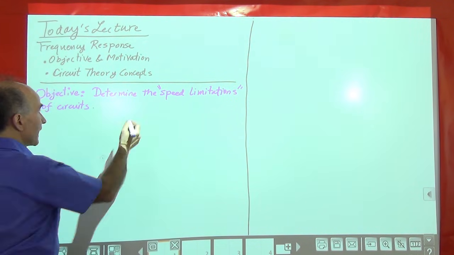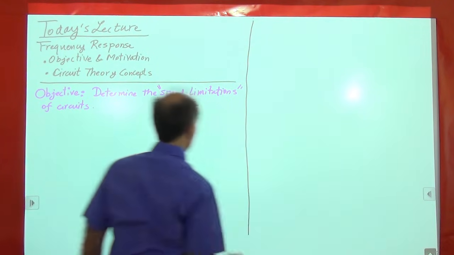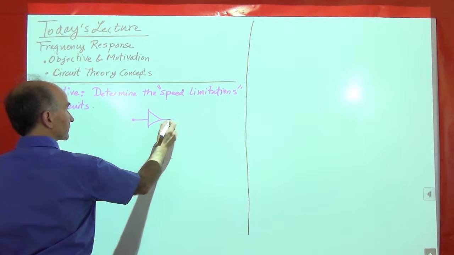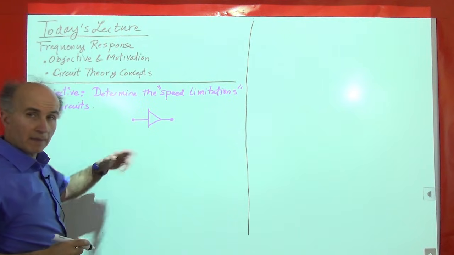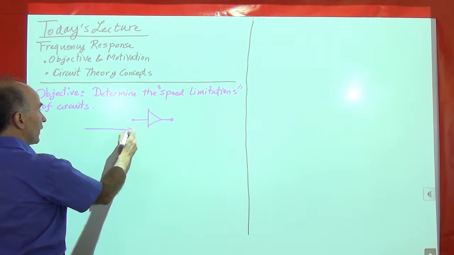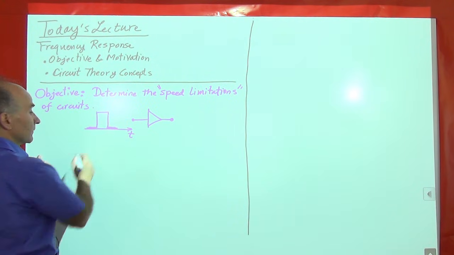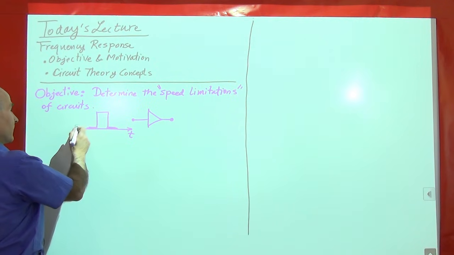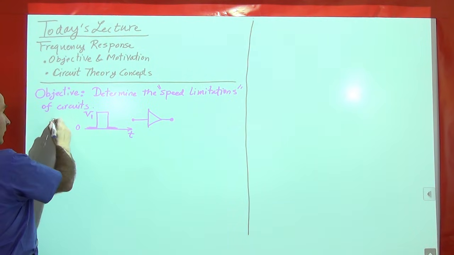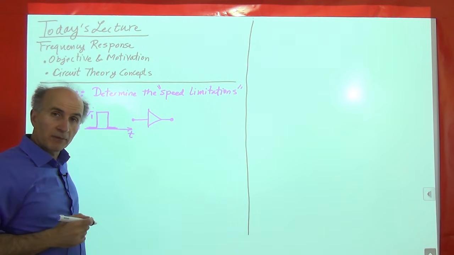And so here's an example that I can show you. Maybe I can do it in the time domain, which is a little easier to see. So let's say I have bought this amplifier and it has some gain and other characteristics. And then I come along and in the time domain, I give it a pulse. Okay, so this pulse goes from some amount, say 0 to V1. So this is the input signal going to this amplifier. Now, what does the output of the amplifier do?